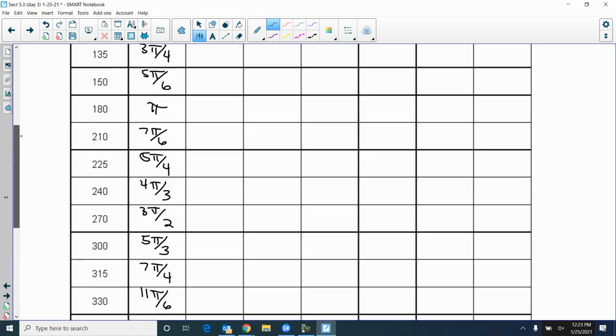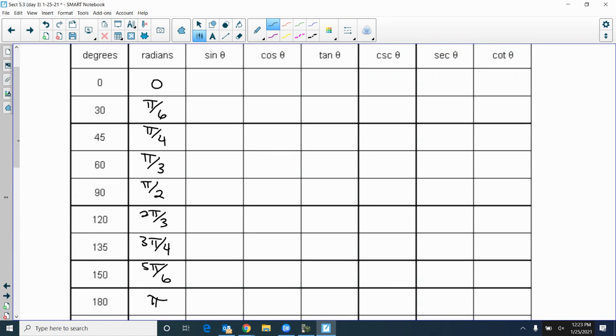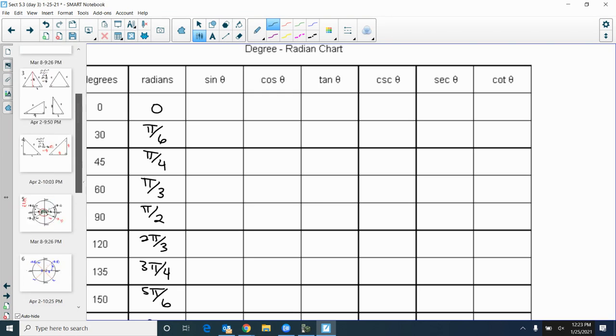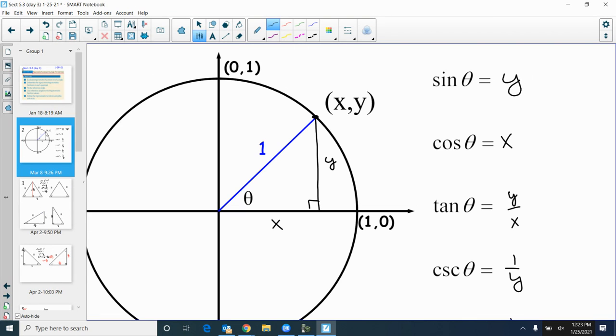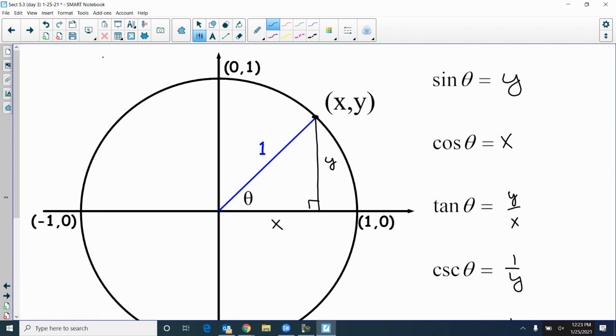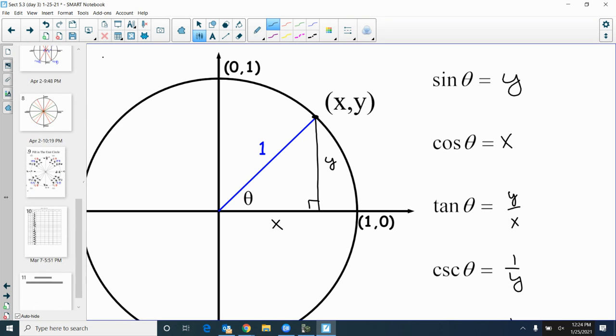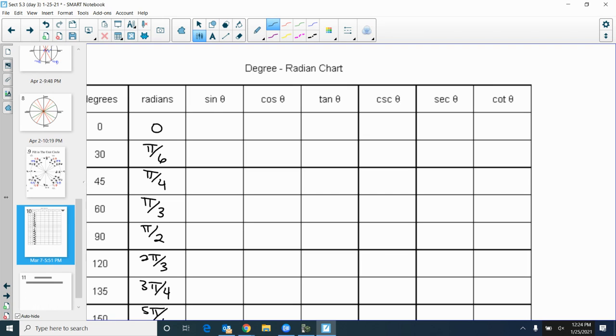Now, the very first thing we did in class, which we kind of did last week, but we went over it again. Using the unit circle, the sine of theta equals what coordinate? Equals the y coordinate. For the first time doing this, it wouldn't hurt you to put at the top of the chart what each one is.